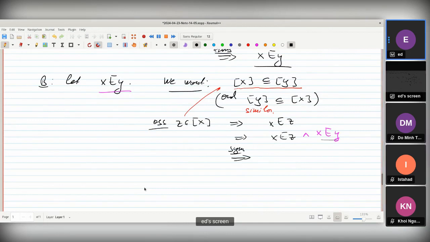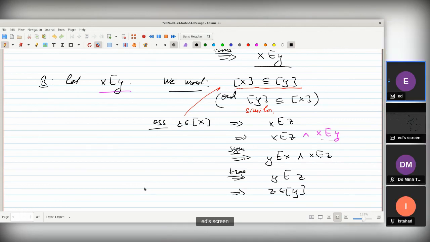Applying symmetry, we have Y E X and X E Z. Applying transitivity, we have Y E Z, and that's enough by definition. That means that Z belongs to the class of Y. So everything in the class of X also belongs to the class of Y. That's it.